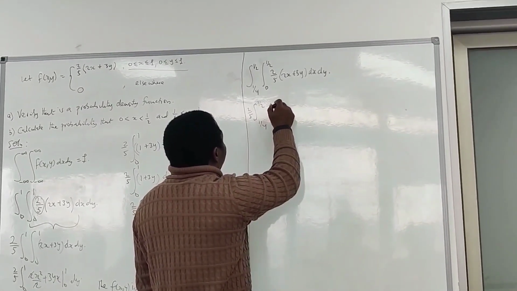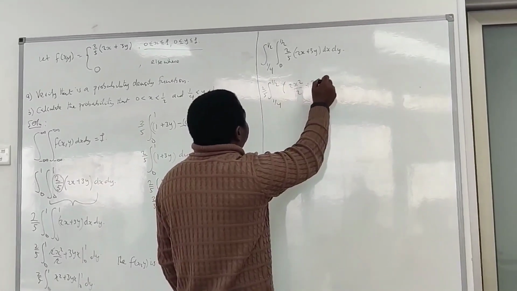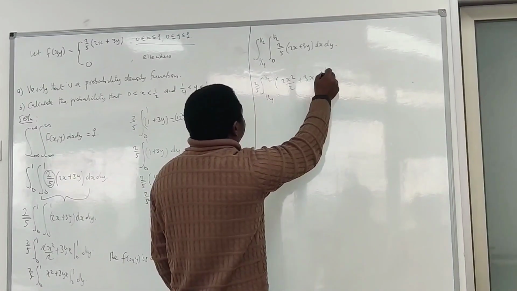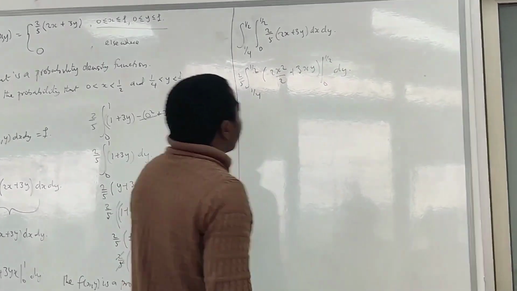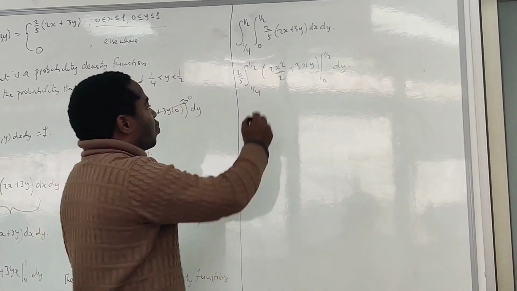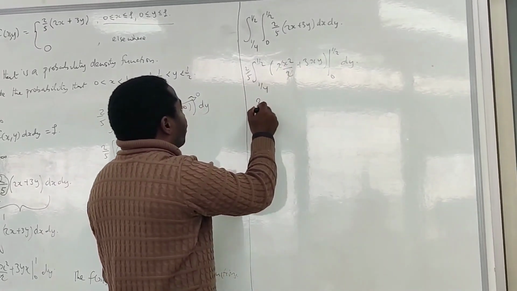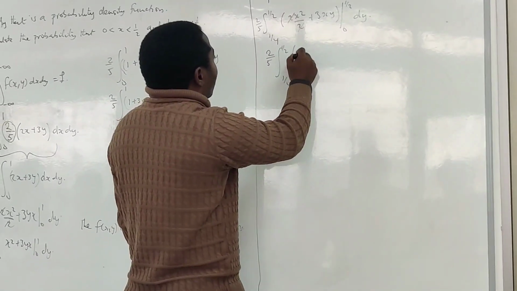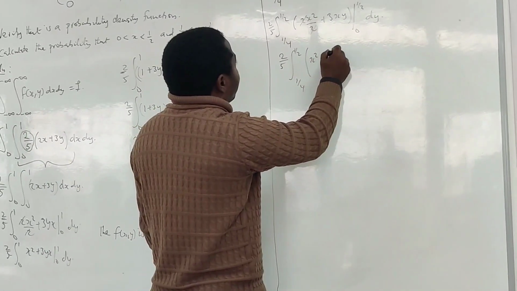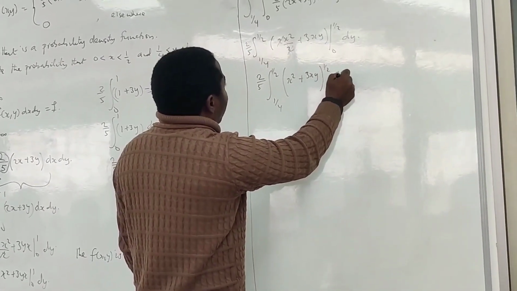We have 2x squared over 2 plus 3xy, from 0 to 1 over 2, dy. You will agree with me that 2 cancels 2, like in the previous case. So we have 2 over 5 into the integral from 1 over 4 to 1 over 2 of x squared plus 3xy from 0 to half, dy.